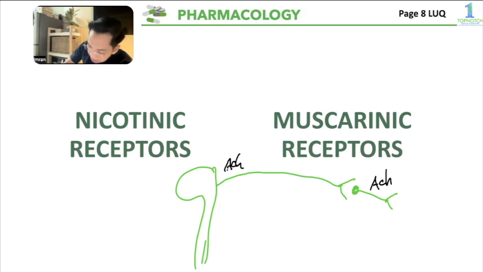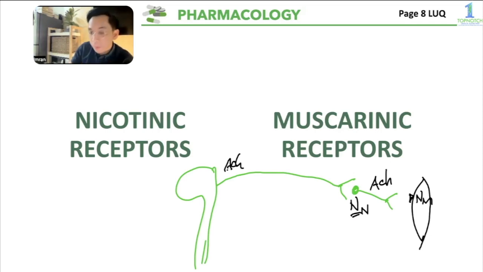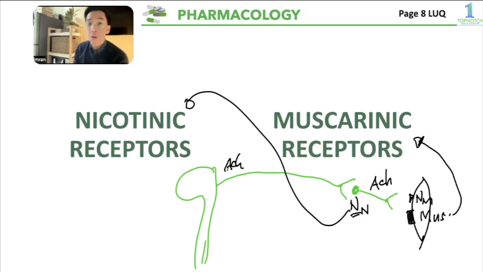Kanina, diniscuss natin na merong nicotinic receptor dyan, particularly nicotinic neural. At doon sa end organ natin, meron din tayong nicotinic pero muscular naman, no? And yung isang receptor ay muscarinic receptor. Hence, itong dalawa ngayon yung ating mga receptors in your parasympathetic nervous system.